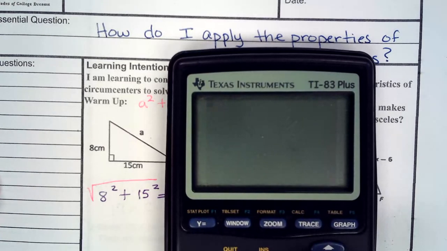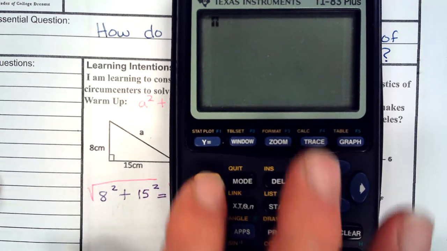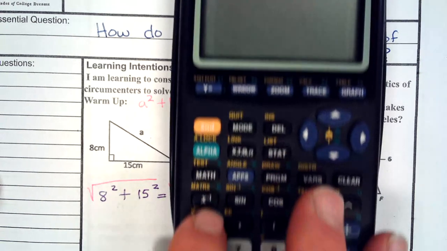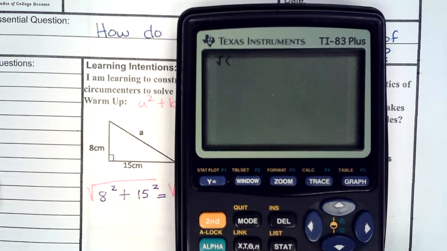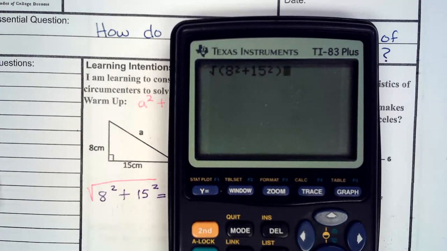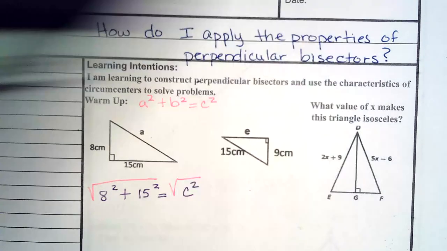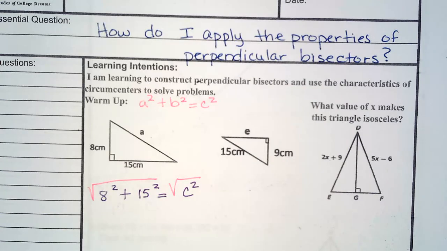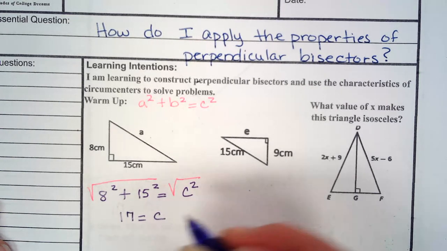So, to find my square root button, I hit second and then I come down here to this x squared and I hit it, and I've got the square root. 8 squared plus 15 squared. Close it off, hit enter, and you get 17. 17 is equal to c.